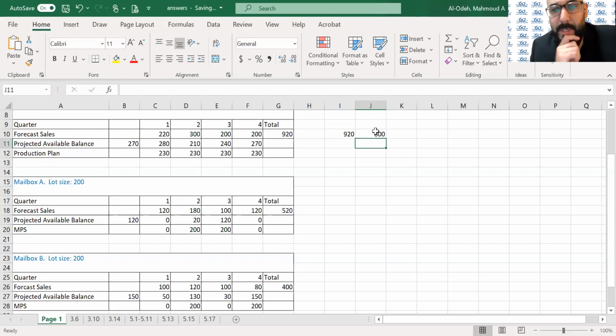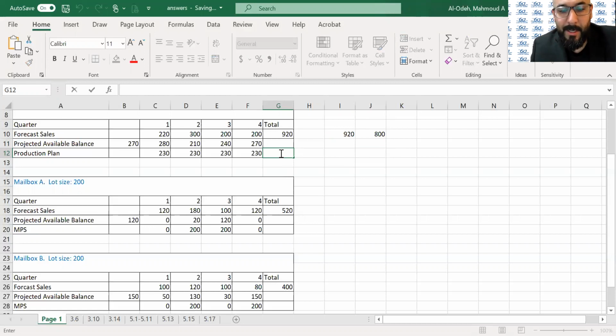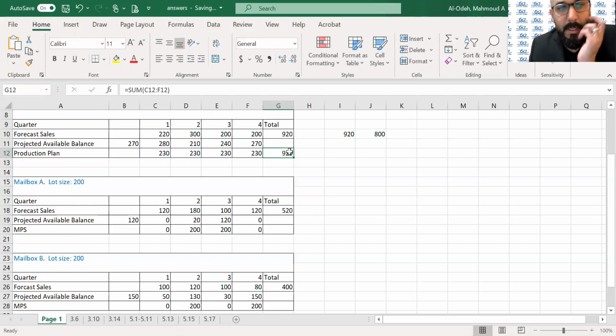So in this case, we need to reduce the production to 800. All right, in order to do that, we could divide that by 4, which is 200 for each quarter. That will give us 800 units in total.